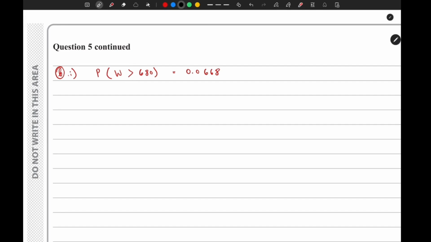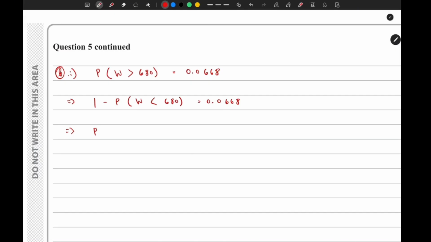This is a greater than sign. We need to convert this to a less than. So we can say that this equals 1 minus the probability of W is less than 680 equals 0.0668.